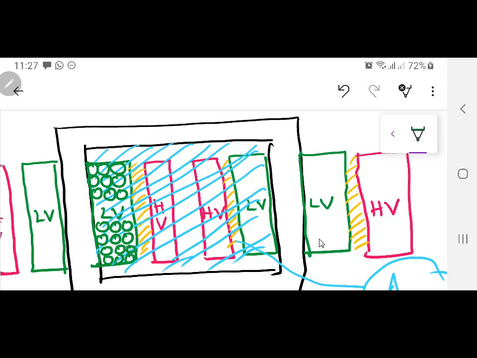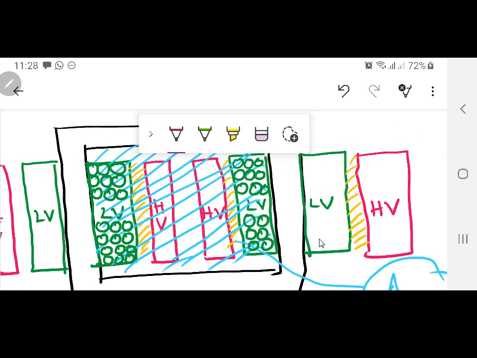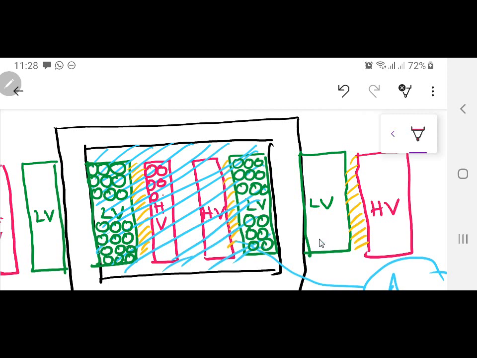I am using circular conductors because I am assuming it's a small transformer. But as we progress in this course, I will tell you that conductors can be square or rectangular shaped as well. So this is the low voltage winding conductor. Similarly, low voltage winding conductors here on this side. And similarly, there will be high voltage conductors in the high voltage winding, and certainly they will be of smaller size because their current is small. So this is the high voltage conductor.